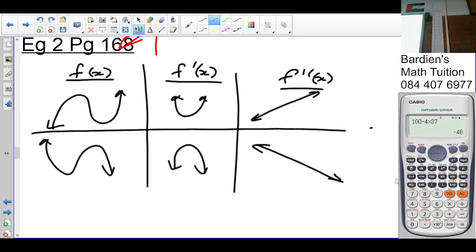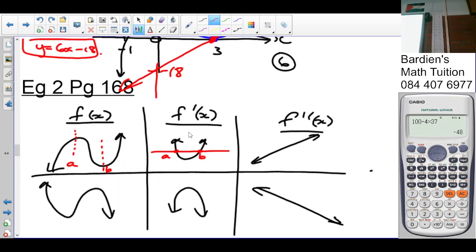Something else to note as well: if that is your point A and B on your x-axis, then where the turning points occur on your cubic function is the same x values at which the first derivative will cut your x-axis.